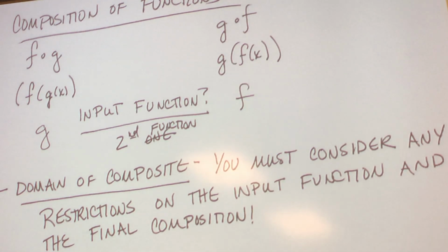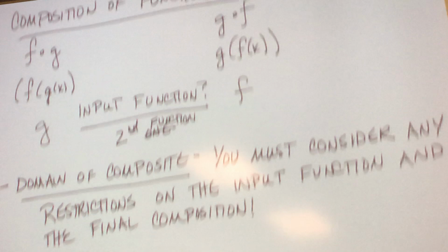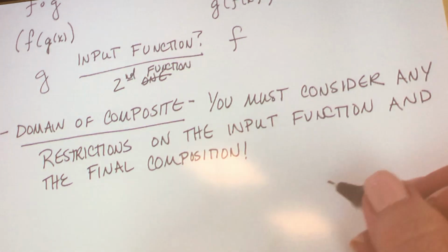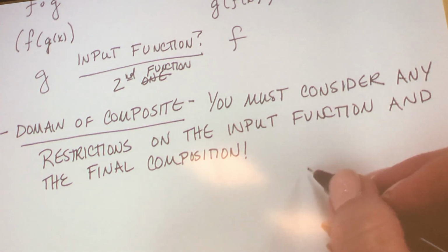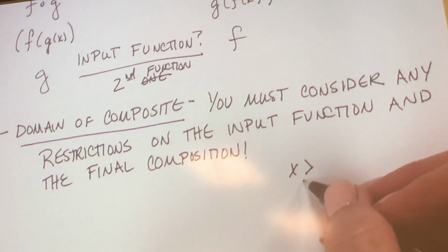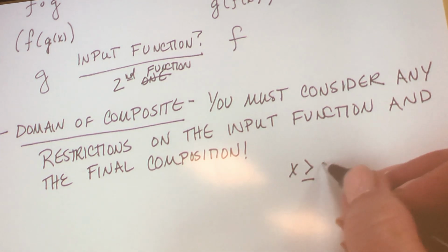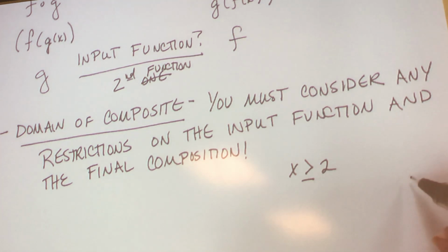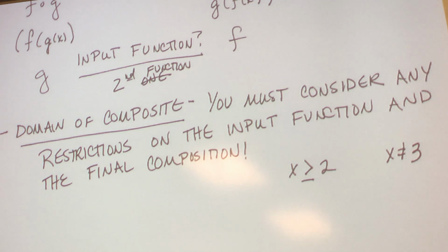Let me just give you a for instance, okay? Let's say that the domain of one is x is greater than or equal to 2. And the domain of another one is any real number except x cannot be equal to 3. All right?